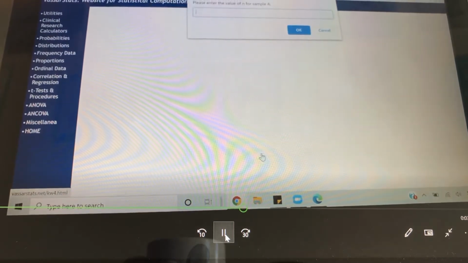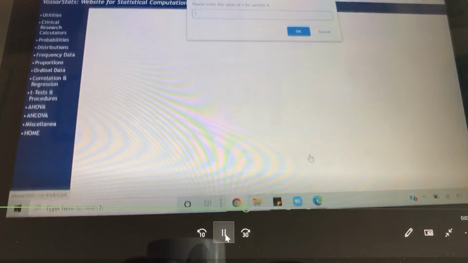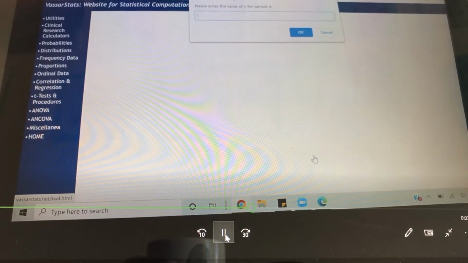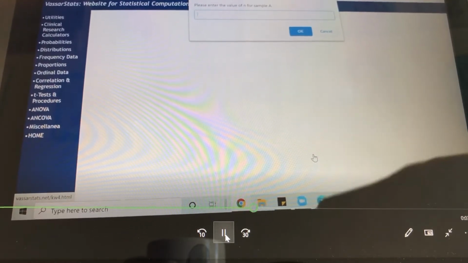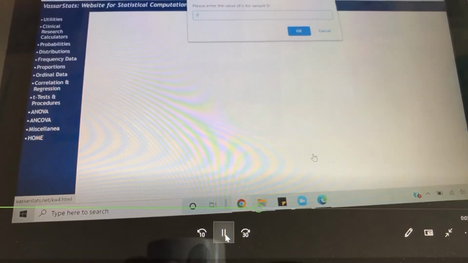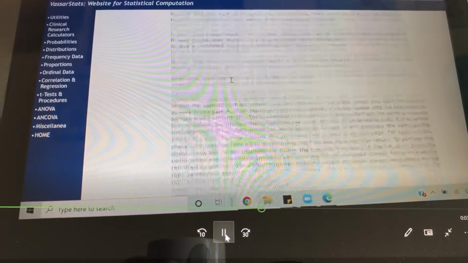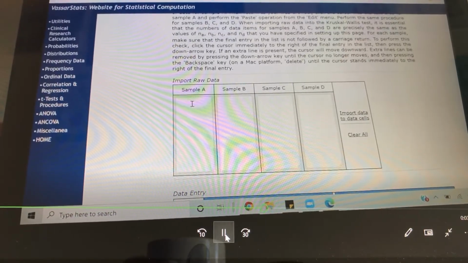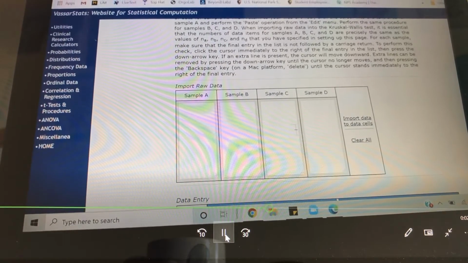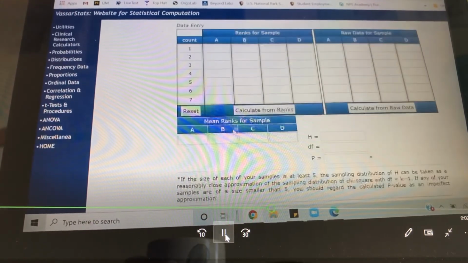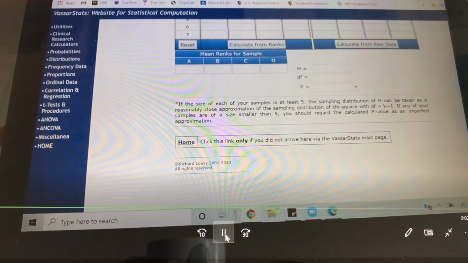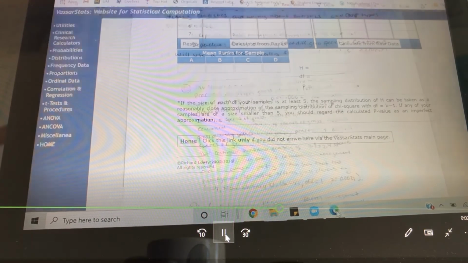If you remember from our data table, each of the 4 categories had 7 data points, so we're going to type in 7 for all of them: 7, enter, 7, enter, 7, enter, 7, enter. That would bring us to this table where we would simply copy and paste the data from the tables into the raw data cells, which, when you hit calculate, will give you this data. But we're not going to do that right now.